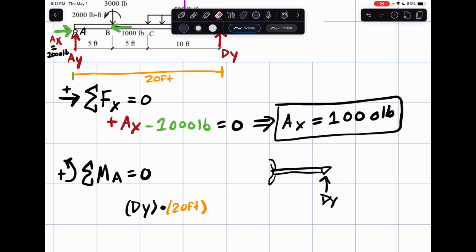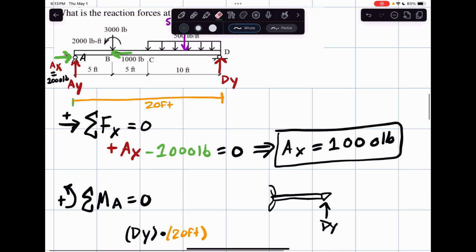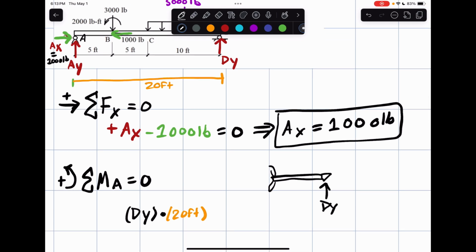Now, if we move on to our next moment, let's focus on this 3,000. Let's forget about our DY. If we have that 3,000 force, our pencil is going to be moving down, so it's moving clockwise, which is not positive in our case because we defined positive as counterclockwise.